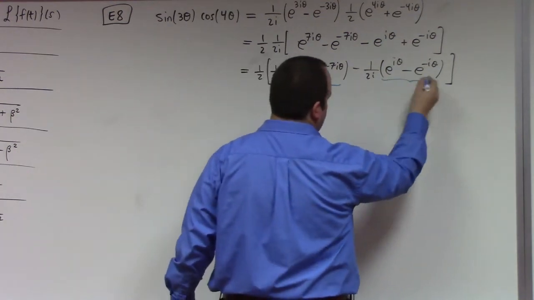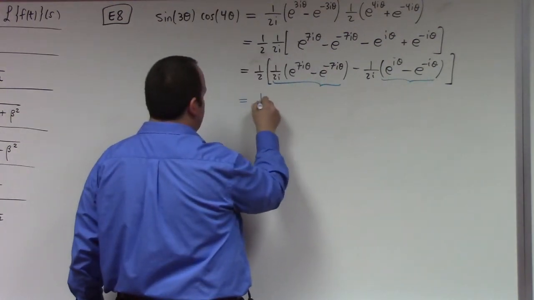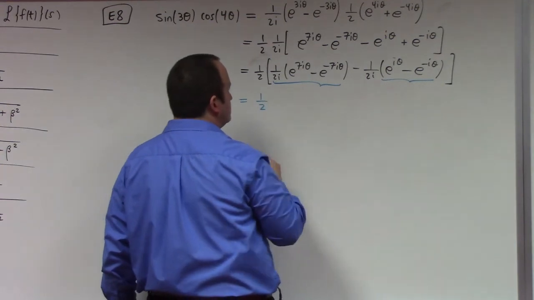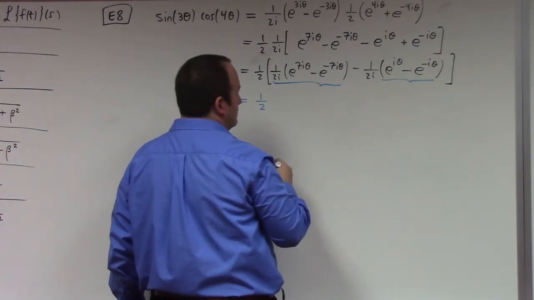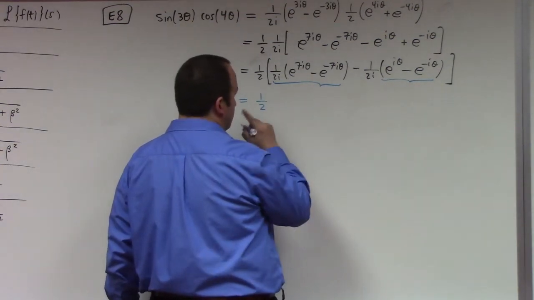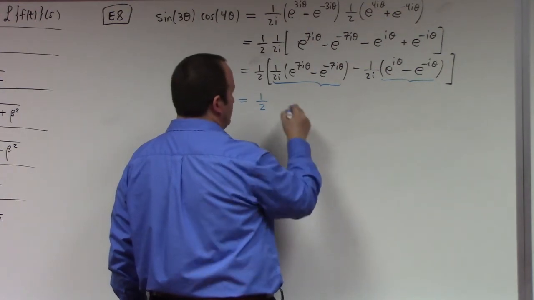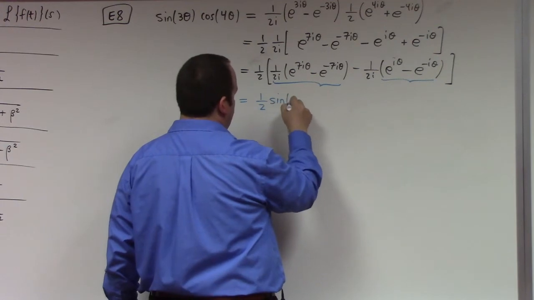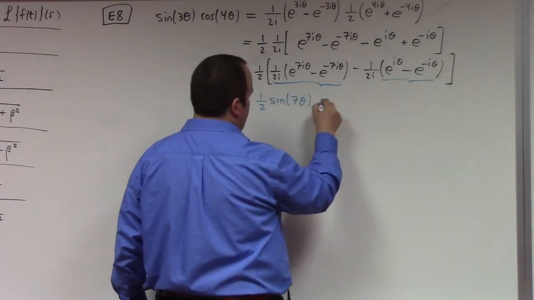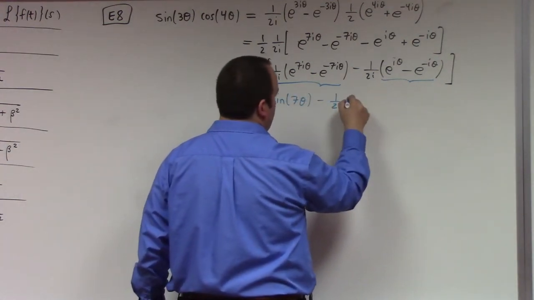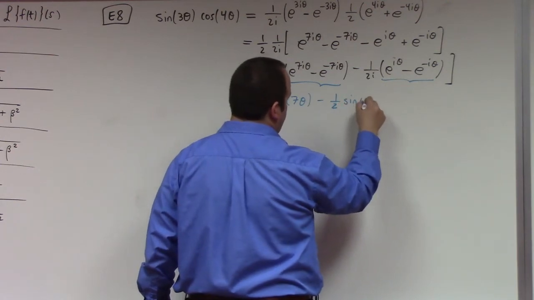What's this? Yeah, sine of 7 theta, and then what, minus 1/2 sine theta.